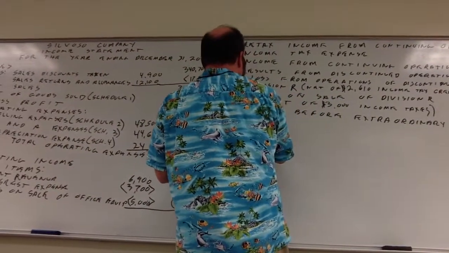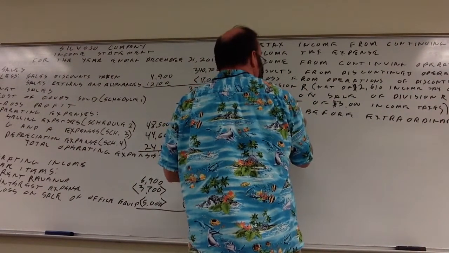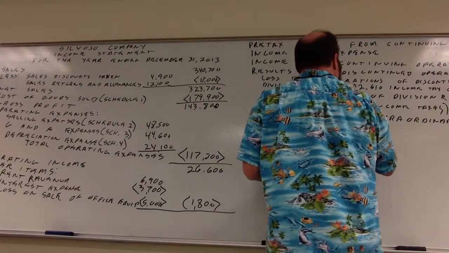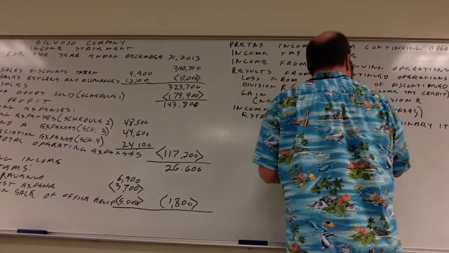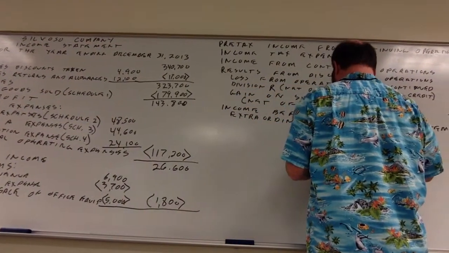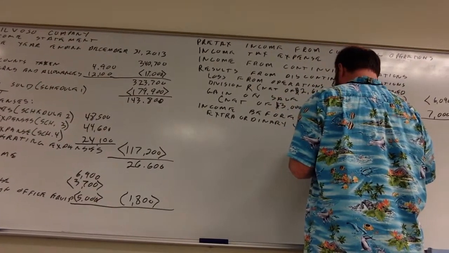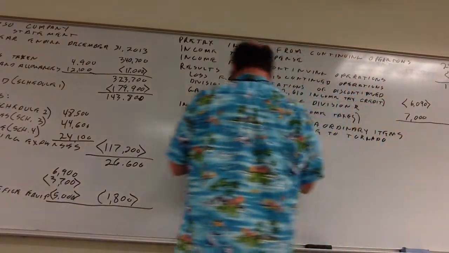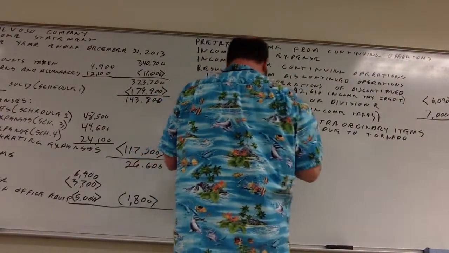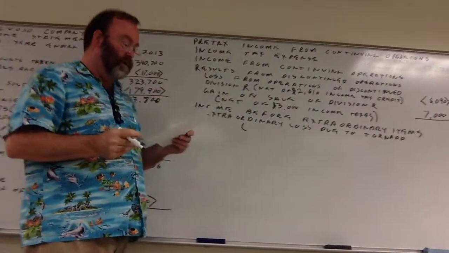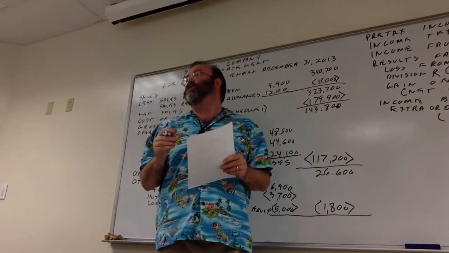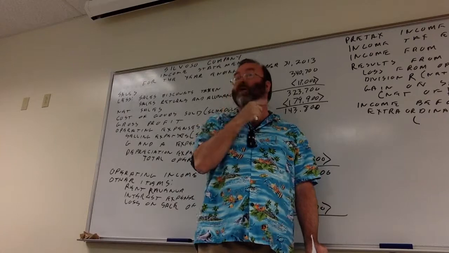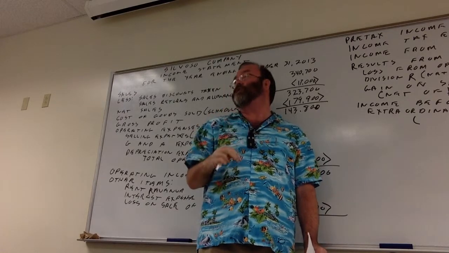And then we have an extraordinary loss due to tornado. So we lost $12,000 due to an unusual and infrequent tornado, because that's the only way it can be defined as an extraordinary item.